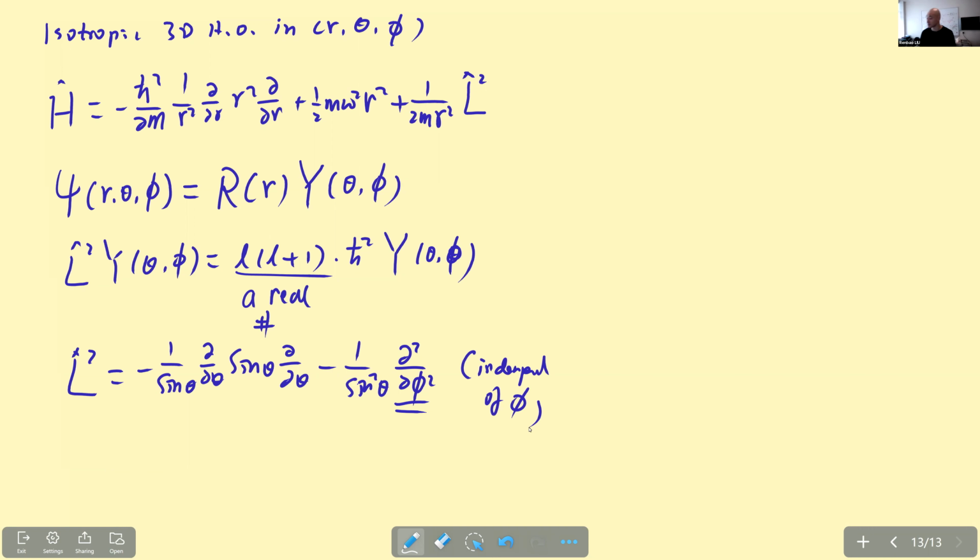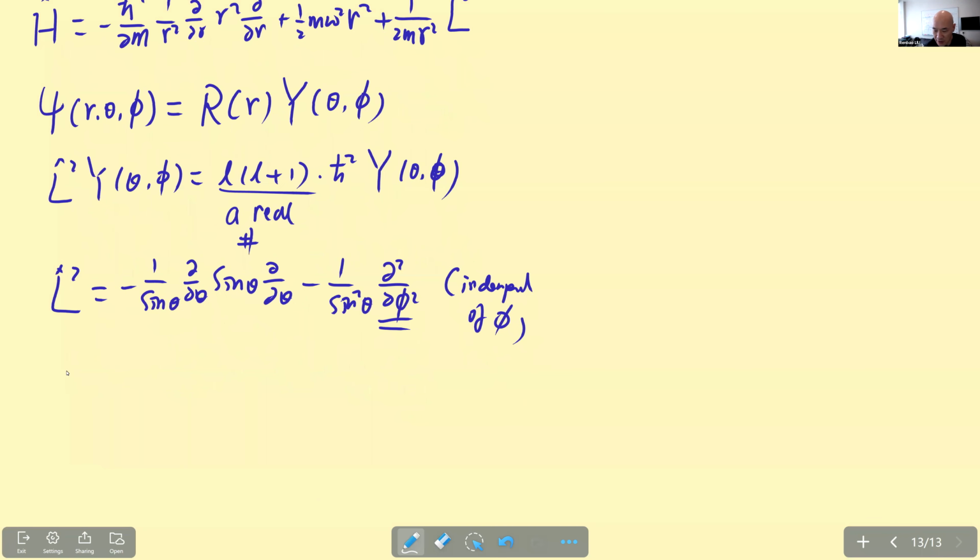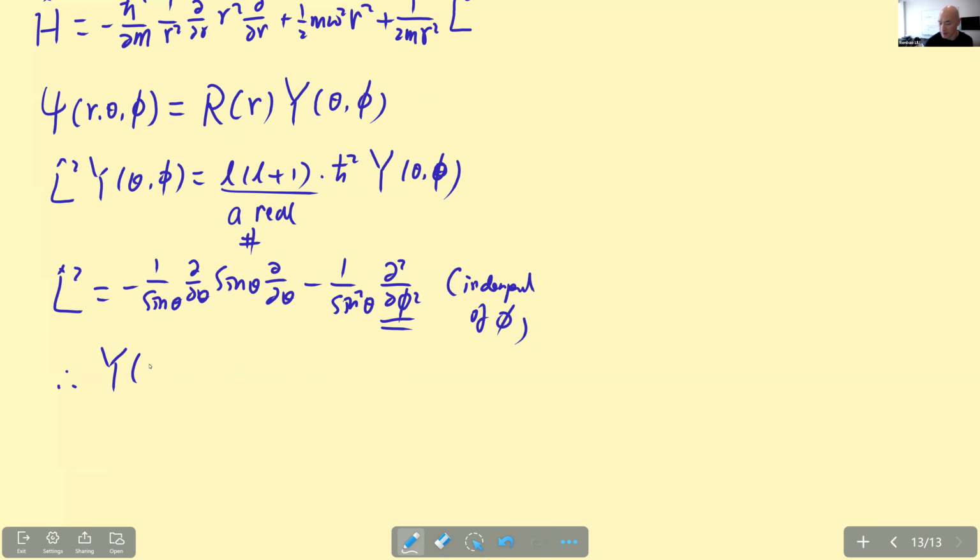So that means I can furthermore write this function of theta phi as separated into, for example, a function of theta, Theta of theta, and a function of phi, Phi of phi.